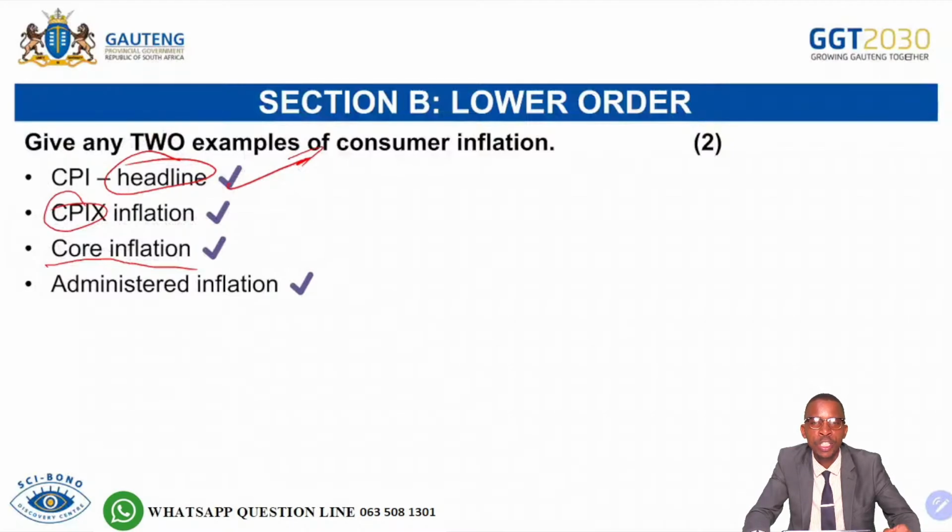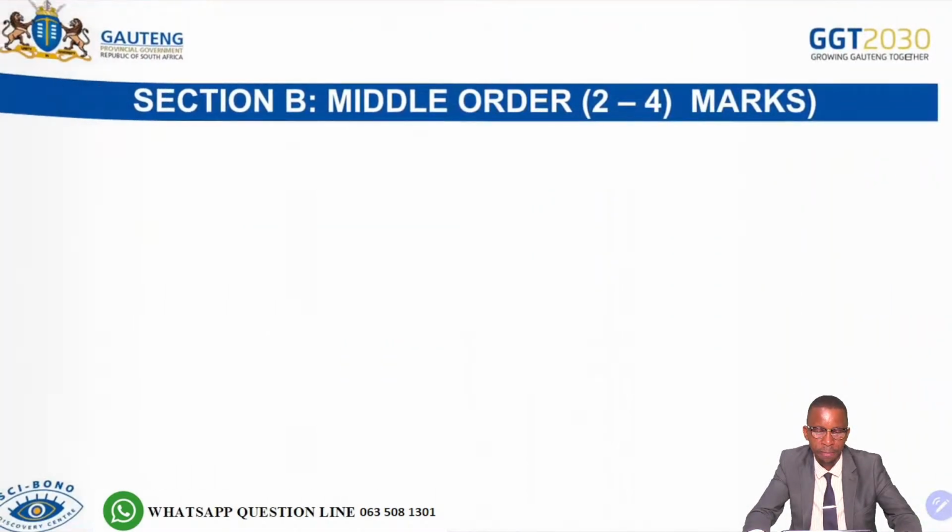Remember, I said to you, it excludes the prices of goods that are highly volatile, meaning that can increase or decrease anytime. So, if one asks you the question to say, mention any 2 examples of adjusted consumer inflation, you know that's CPIX as well as the core inflation.